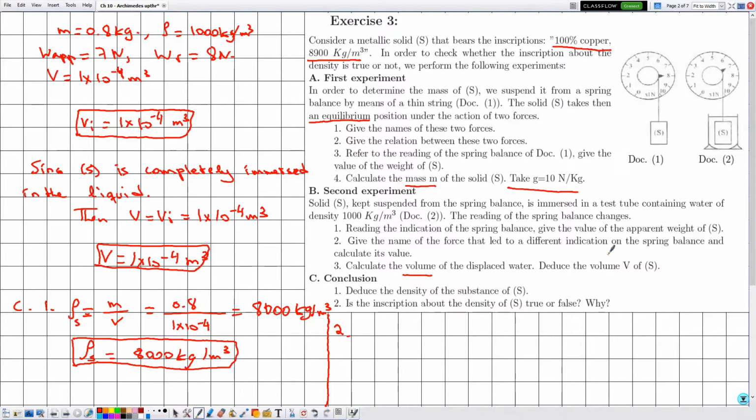After performing this experiment, we have determined that the density of the solid S is given by 8,000 and not 8,900, which means that the inscription is false, because the density of S is different than the density of copper.